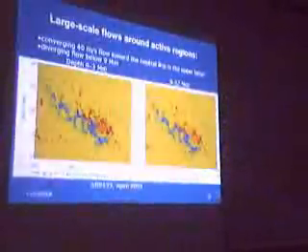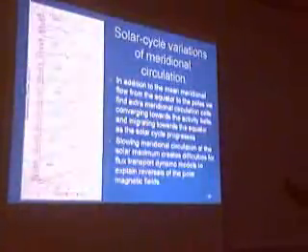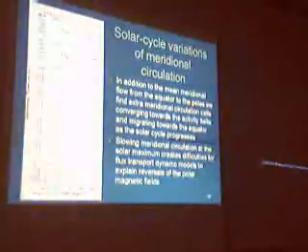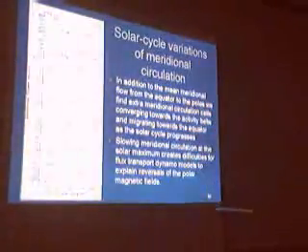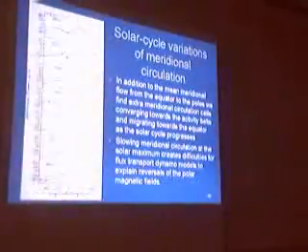So there are circulation cells around magnetic regions. What's interesting is that these circulation cells around active regions actually affect the meridional flow, and they affect magnetic flux transport to the polar regions.